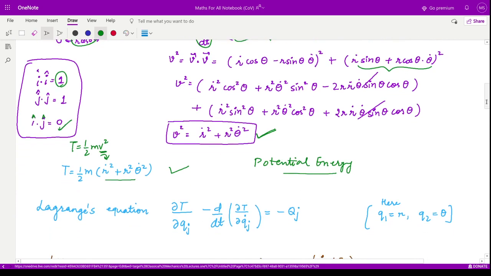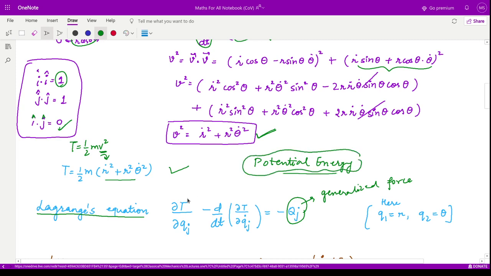That means we can use this form of Lagrange equation: del T by del Qj minus d/dt of del T by del Qj dot is equal to capital Qj, which is the generalized force. And this is true for any kind of system, whether it is conservative or non-conservative. So notice we do not have to calculate the potential energy over here. We only require the kinetic energy.